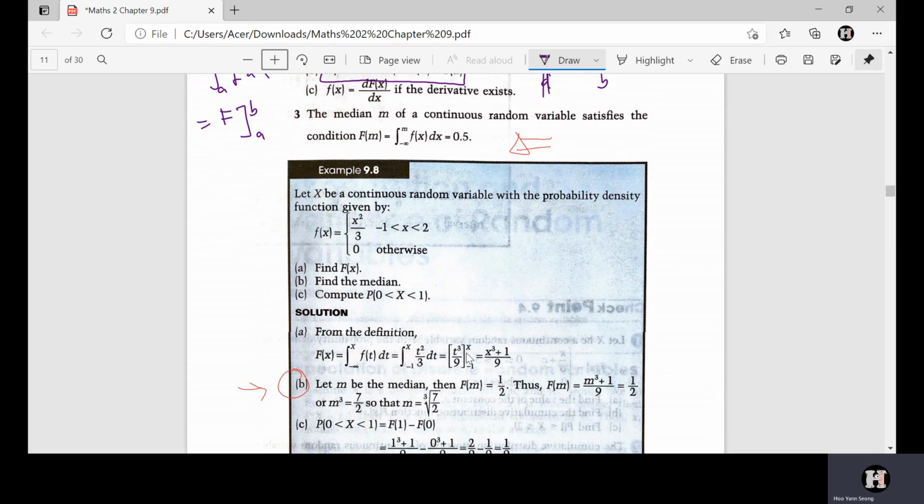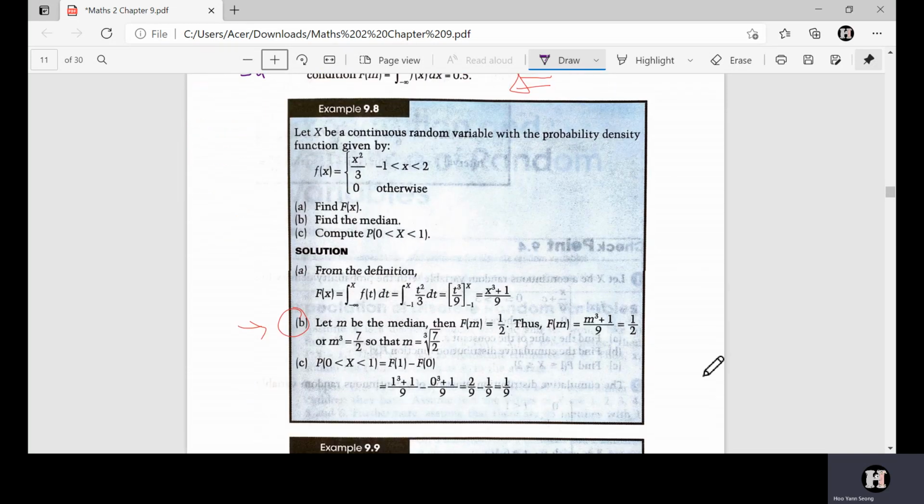Now this one. If you want to find the cumulative, you just integrate from negative infinity until x.